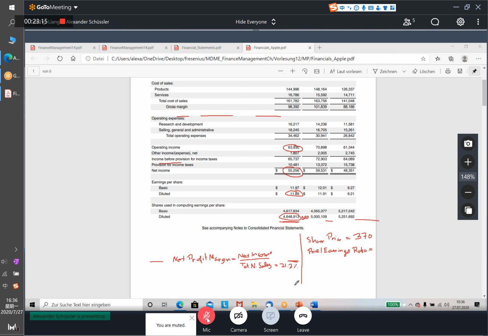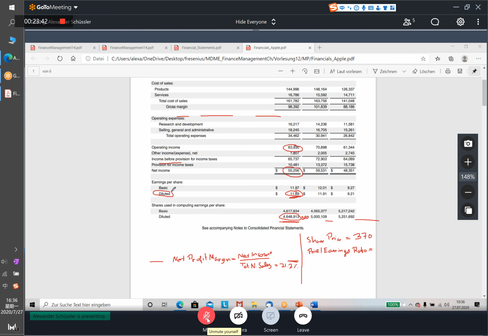Very good, Jan. Price per share divided by earnings per share. Price per share, as you found out, is 370 US dollars. For earnings per share, we take the diluted number because that includes all the shares owned by management and things like that, so it's the better number.